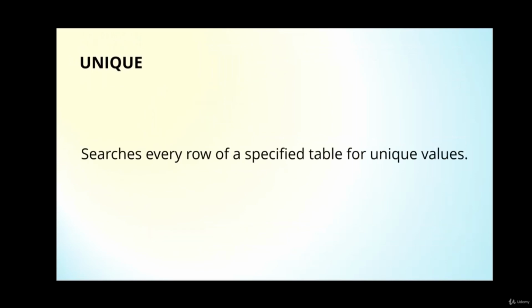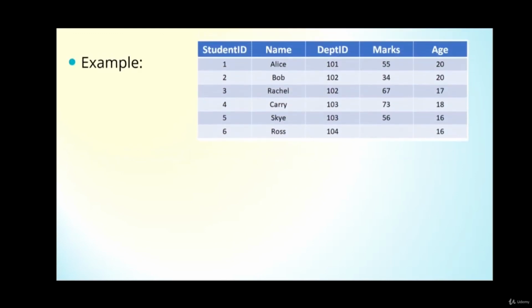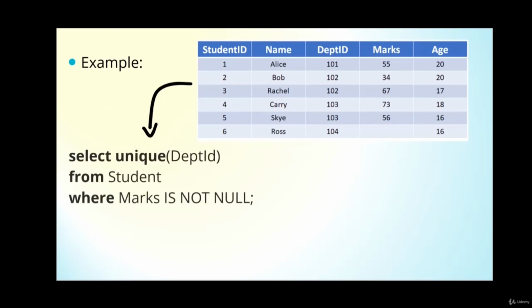Next is the UNIQUE operator. What the unique operator does is it searches every row of a specified table for unique values. For example, in this table, if we want to find out those department IDs who have only one student, which means the department ID should be unique, only one student should belong to a department ID.